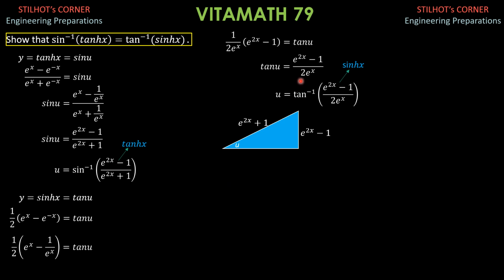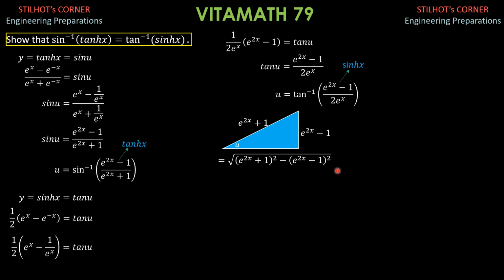And let us show that because tangent of u is e to the 2x minus 1, which is this, over adjacent 2e to the x, let us show that this side, the adjacent side of this right triangle, is 2e to the x based on this triangle from sine u. So by Pythagoras theorem, this side is square root of the square of this hypotenuse minus the square of this opposite side. So square root of quantity e to the 2x plus 1 squared minus quantity e to the 2x minus 1 squared.